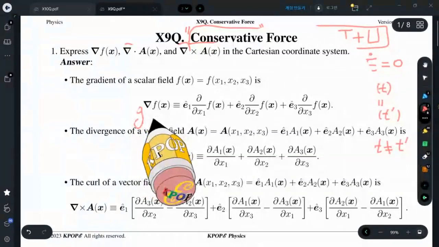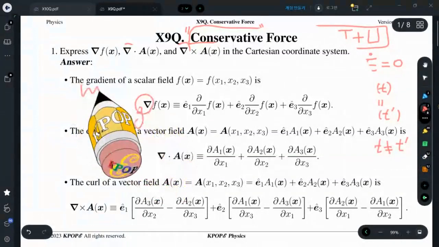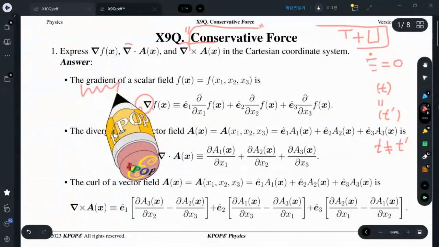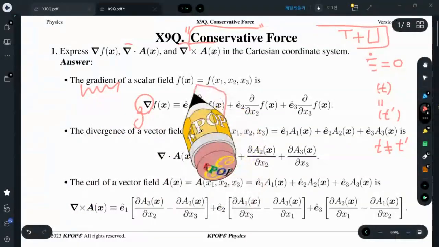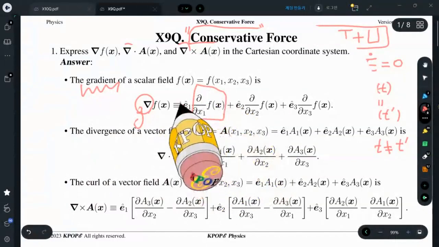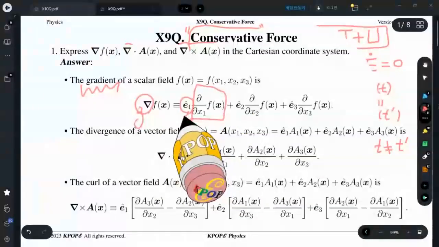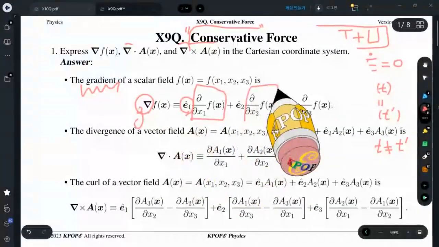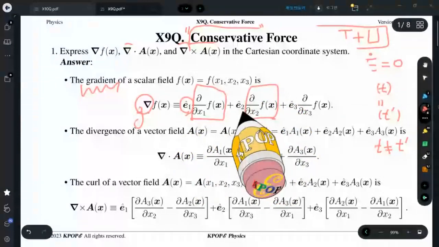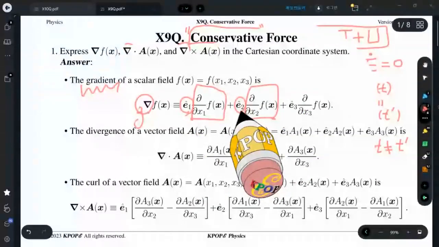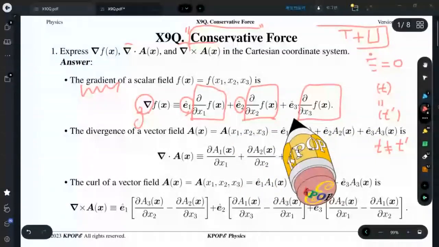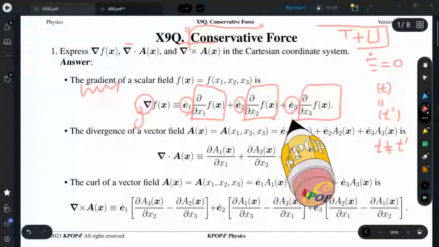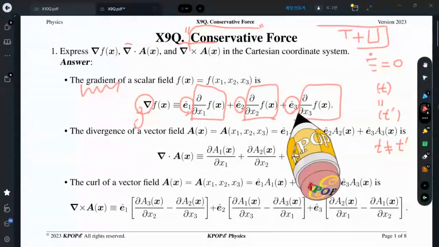This is called the gradient. The gradient is the x derivative multiplied by the unit vector along the x-axis, the y derivative multiplied by the unit vector along the y direction, and the z derivative multiplied by the unit vector along the z direction.